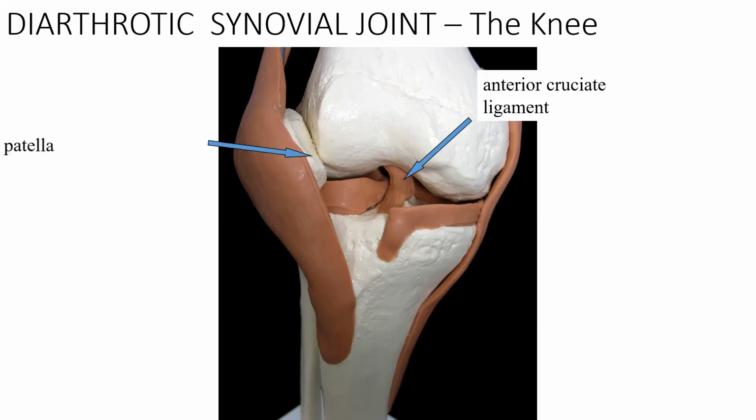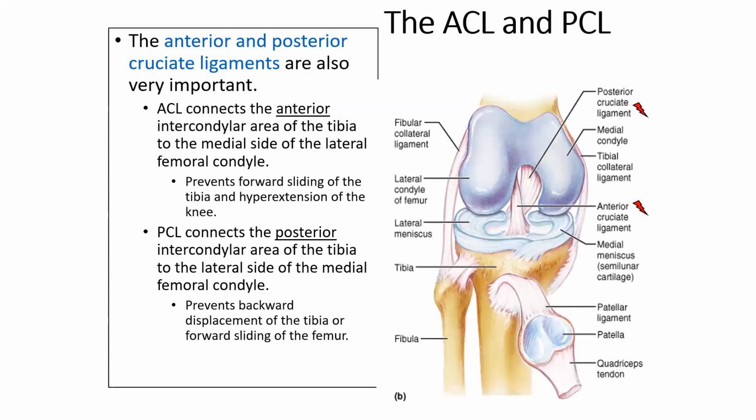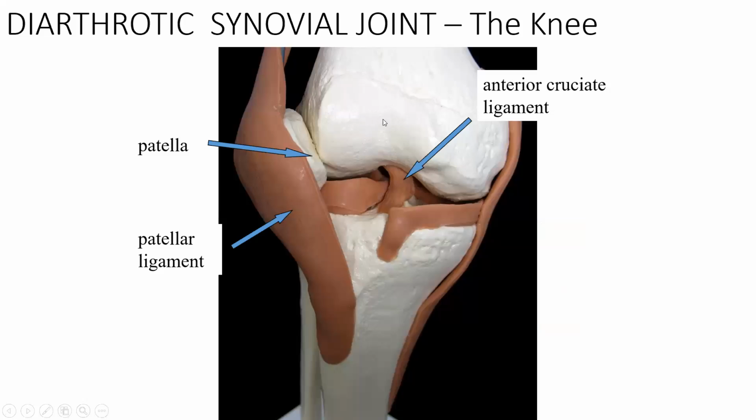Okay, so there's the patellar ligament. Again, this is the femur here. This is the medial condyle, the lateral condyle, the medial epicondyle out here, the lateral epicondyle over here. And of course, there's the fibula down there and the tibia here.